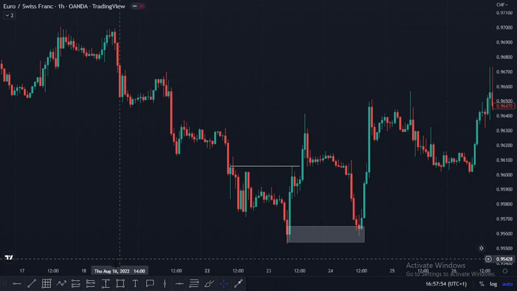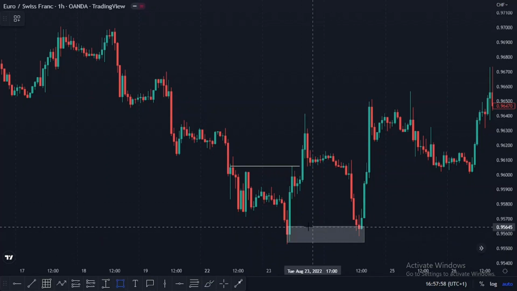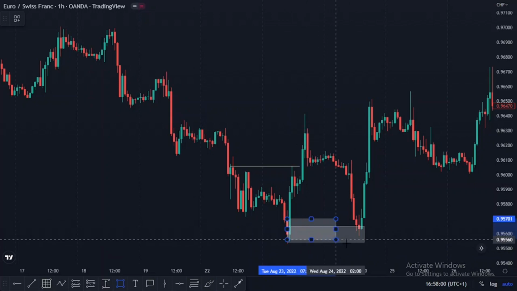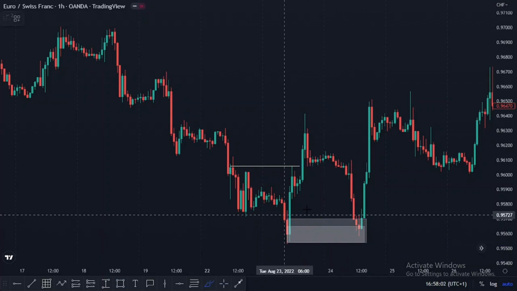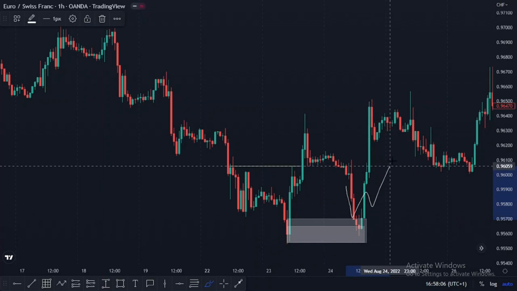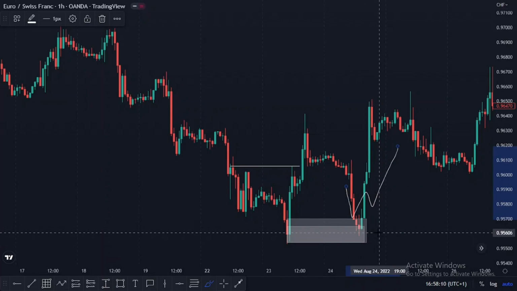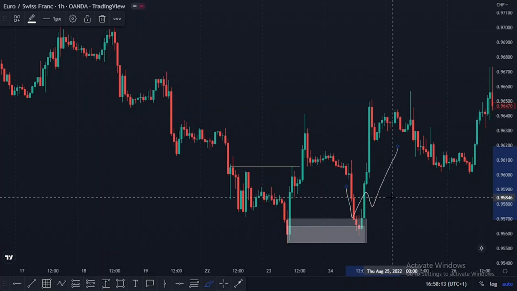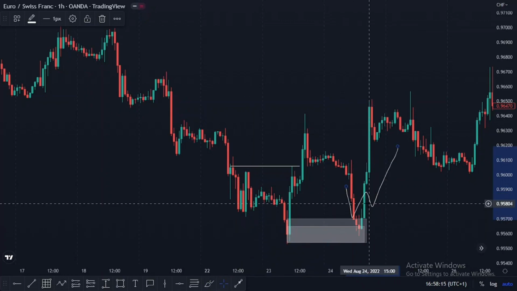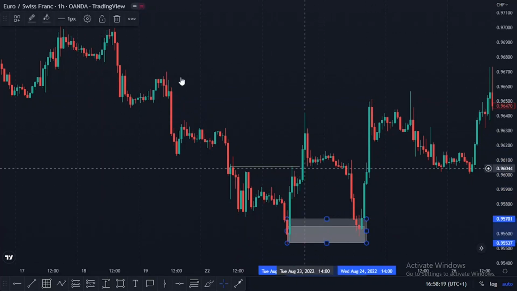Now, sometimes when you refine your zone from this POI, price wouldn't touch the refined zone, touch the open, and then continue going up. Some people ask, what about the zone that I refined? Should I still delete it or leave it? The fact that you've refined a zone does not mean that zone is no longer active.